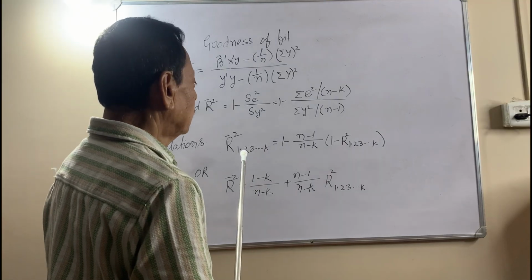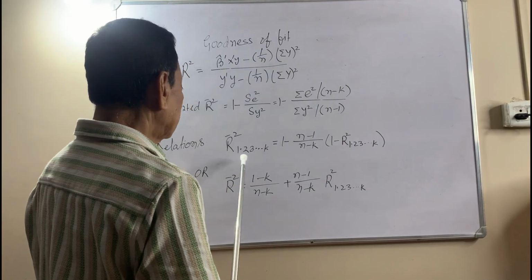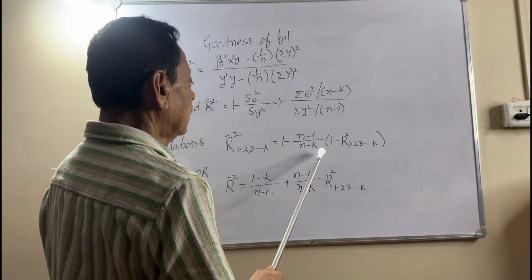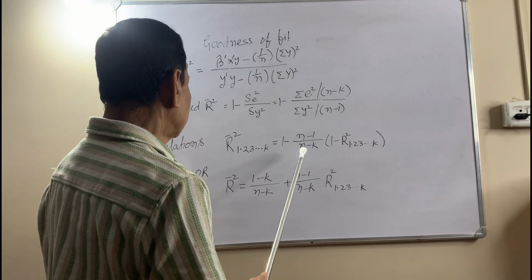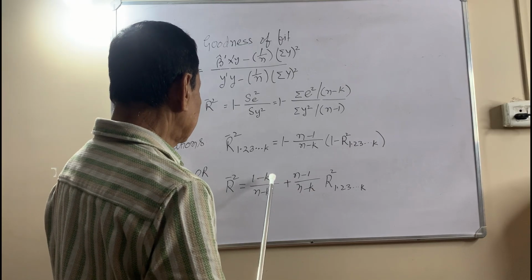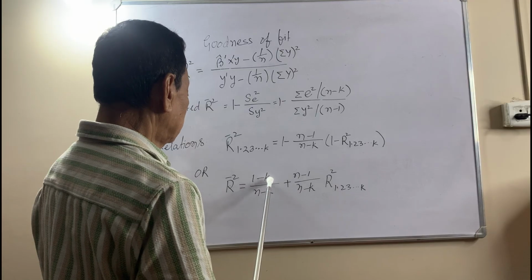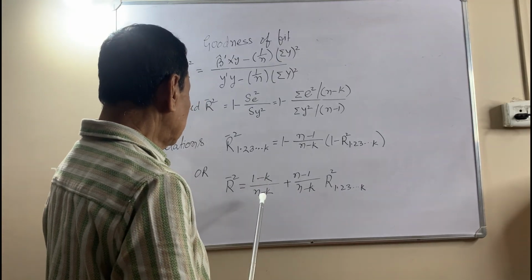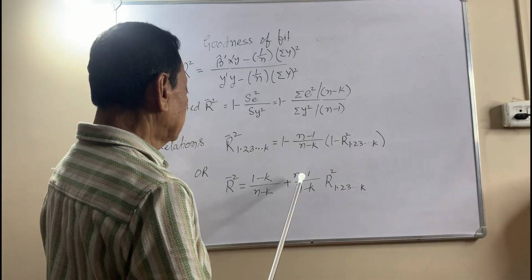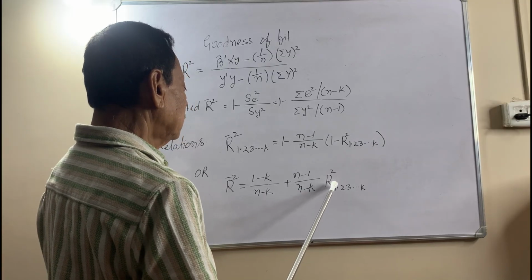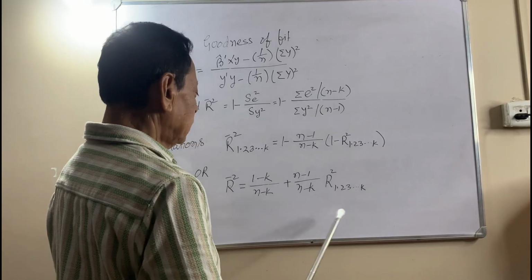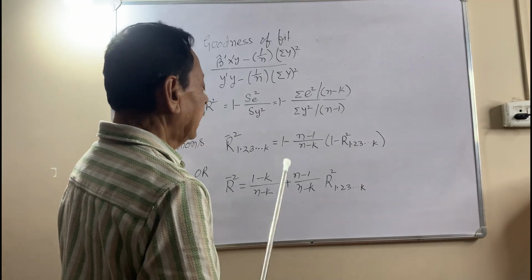And the relationship between adjusted R square and R square is: adjusted R square equals 1 minus (n minus 1) by (n minus k) into (1 minus R square). So when it is very high or very low, then we can adjust it.